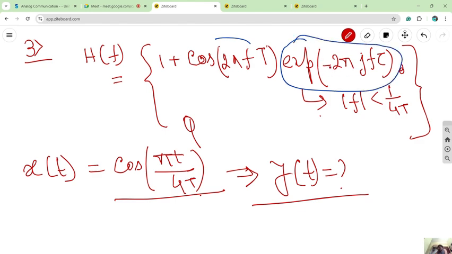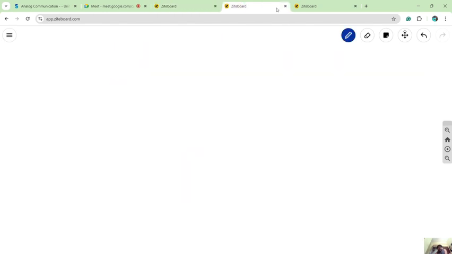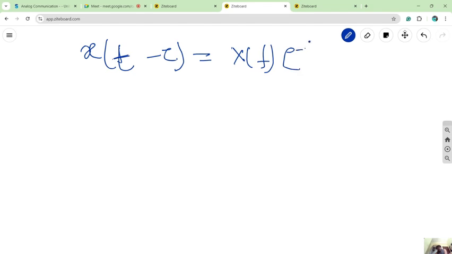So there is a phase term in the frequency domain. So what is the corresponding consequence? This will result in a time delay.